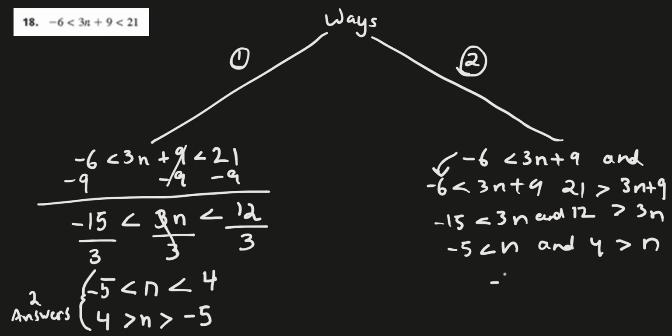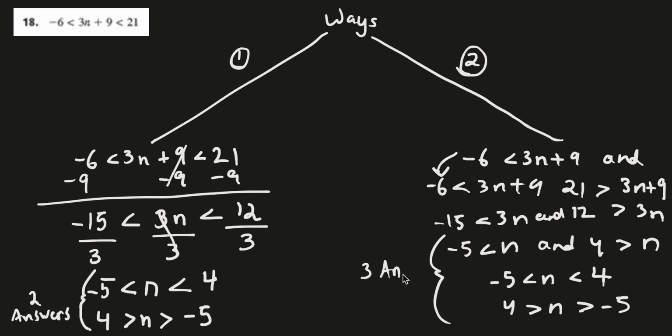So this is just going to be negative 5 is less than n is less than 4. And then we can write the biggest number first if you wanted to: 4 is greater than n is greater than negative 5. And this is the same answer. You could say 3 answers. They say the same exact thing, so they're not different. Any of these would be acceptable on an exam, unless they specified to write it in a certain form.